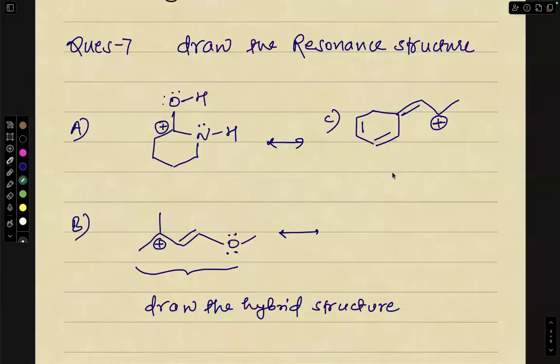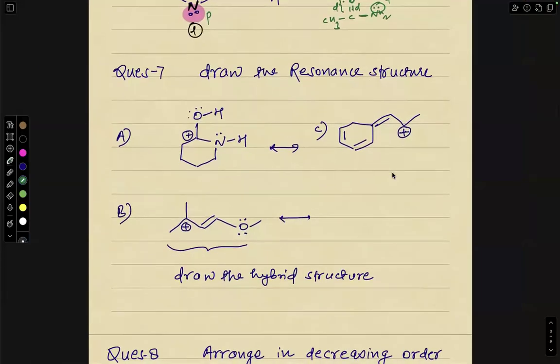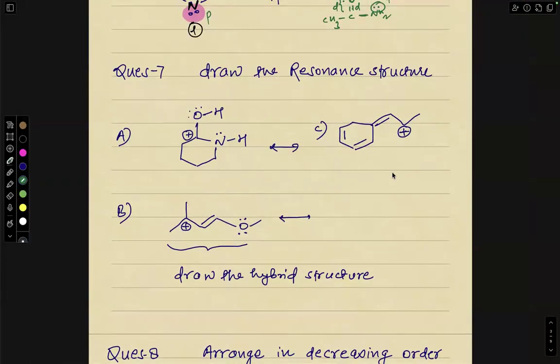Okay, now we have the next question, draw the resonance structure. I discussed a lot how to draw the resonance structure, so I'm not going to explain from the very basics. I'm just going to tell you. You can see next to this lone pair we have a positive charge, and on the right hand side, the nitrogen has a lone pair.